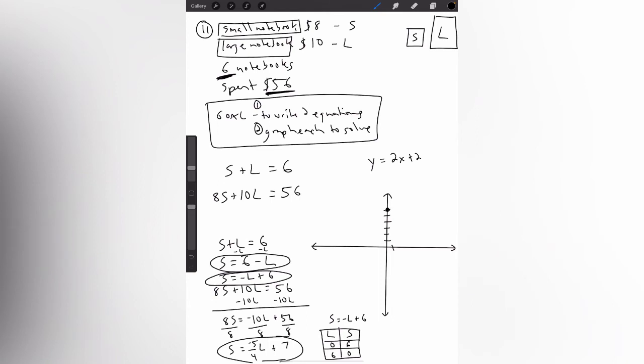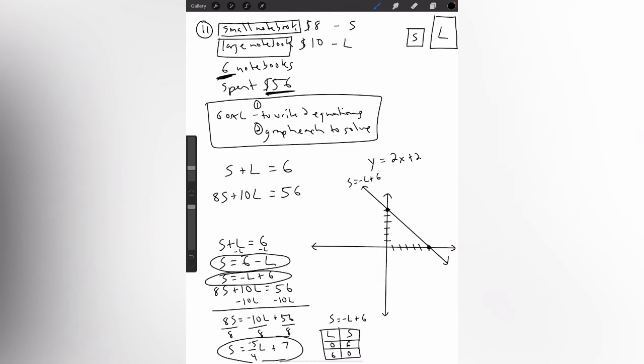And then 6, 0: 1, 2, 3, 4, 5, and 6. Okay. And I'm going to go ahead here and draw my line that goes through these. Okay, and that is my line for s equals negative l plus 6.